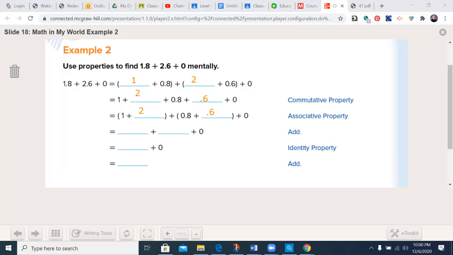One plus 2 is 3, and that's an addition. 0.8 and 0.6, 8 and 6 is 14, and there's a decimal point in there. So 1.4 plus 0. So I add 3 and 1.4 is 4.4 plus 0. Identity property, I add them together, and I get 4.4. Anytime I add 0, the identity property says that the number stays the same.